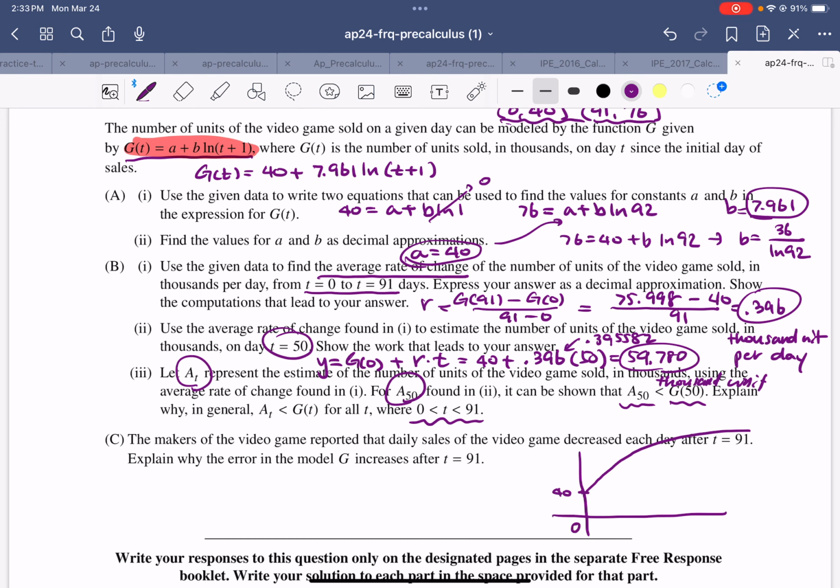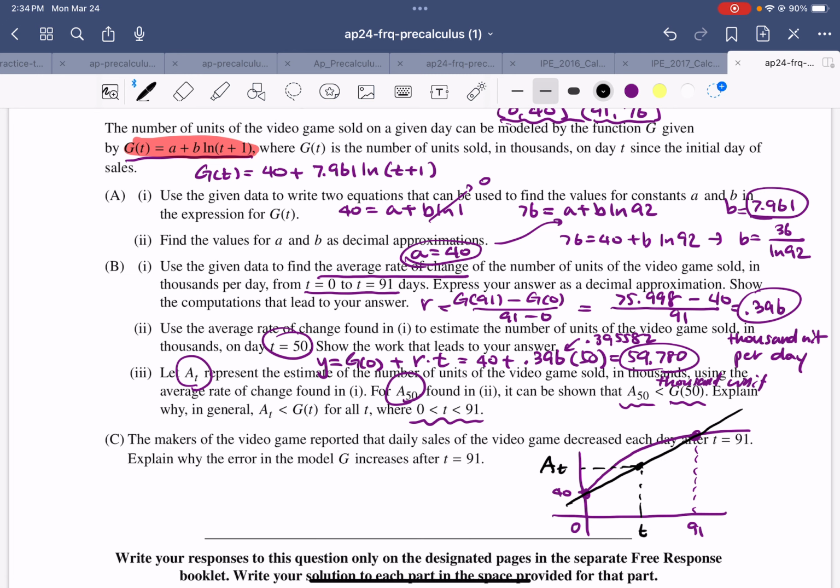Let's say this is 0, and here is 91. If you use the average rate of change between this point and that point, the secant line graph looks like this. So t is between 0 and 91, and that value is using the approximation with the average rate of change. So that's A of t.